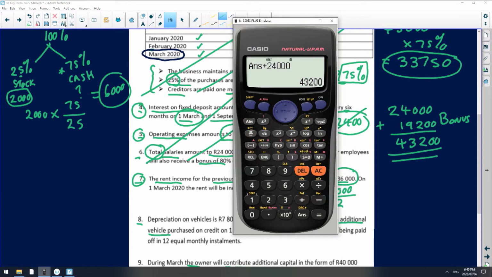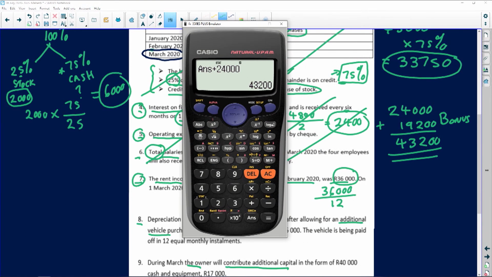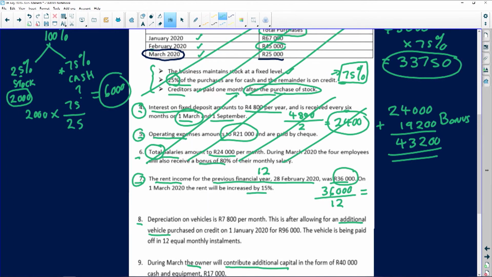So let's just break this down into steps. 36,000 divided by 12, and that should give us 3,000 Rand. And now that we've got the monthly rent, I hope you guys can see that, it looks clear. So 3,000 Rand, we're now adding the 15%. All you've got to do is multiply that by 100 plus 15, so 115%.